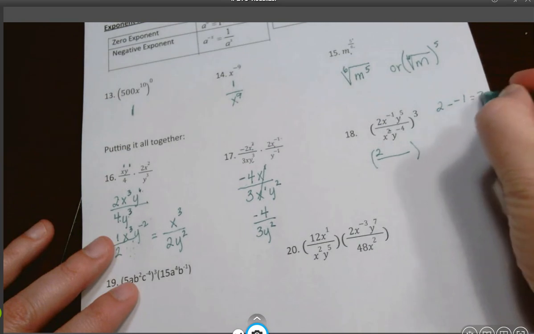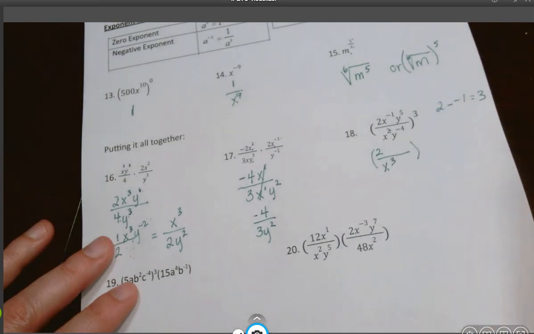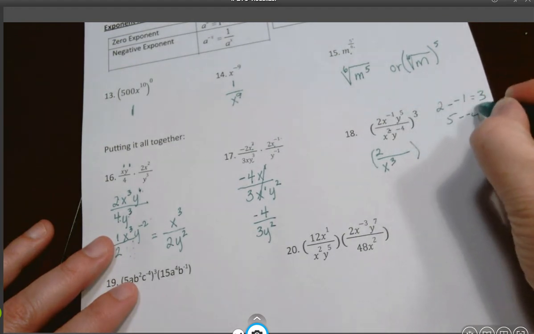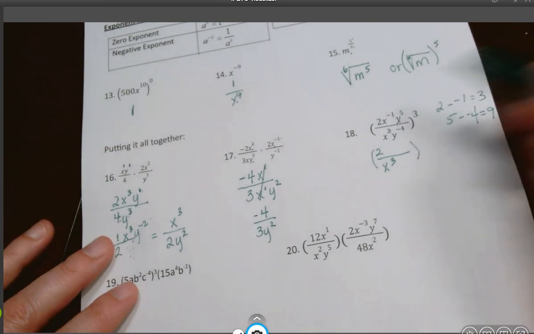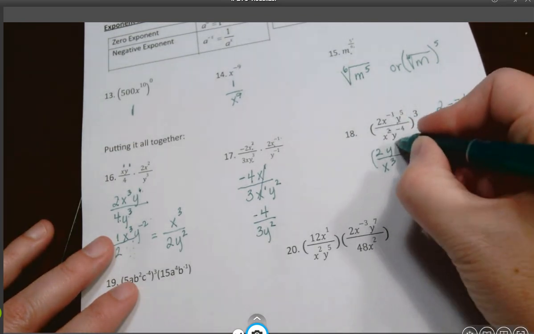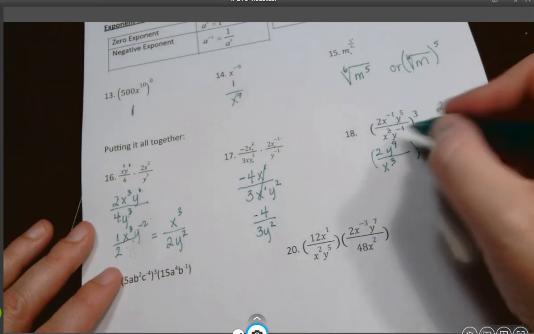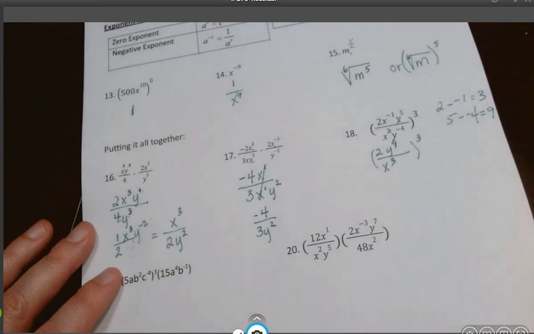That would give me 3. So I would have x to the 3 in the denominator. For the y's, I have 5 minus negative 4, which is 9. And I have more y's on the top, so my y to the 9 goes in the numerator. And I've dealt with the 2, the x's, and the y's, so I just need this 3 out here.